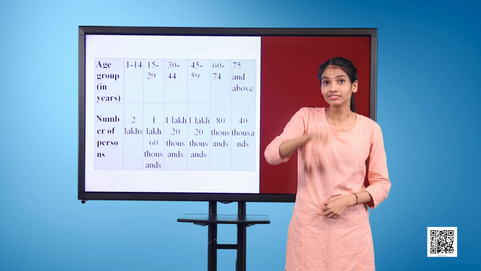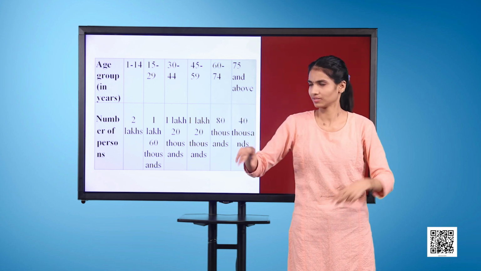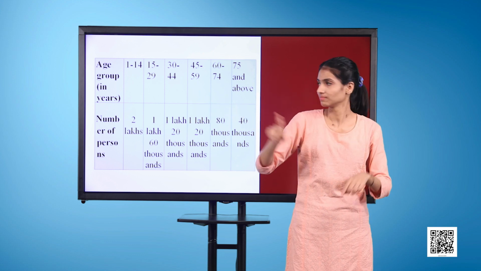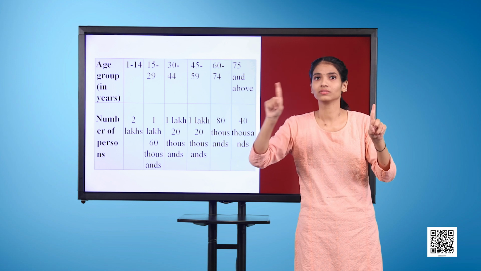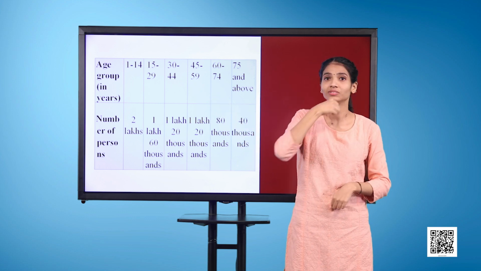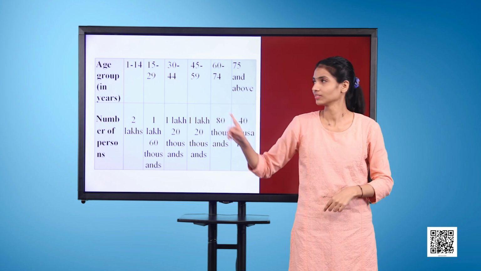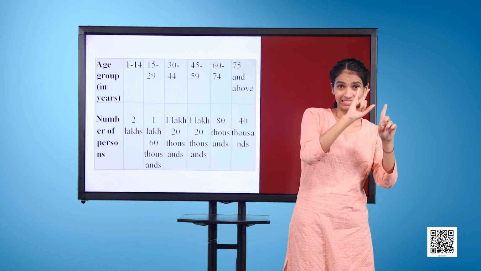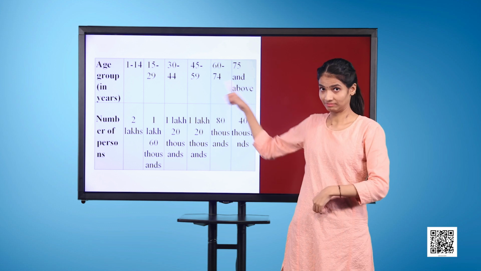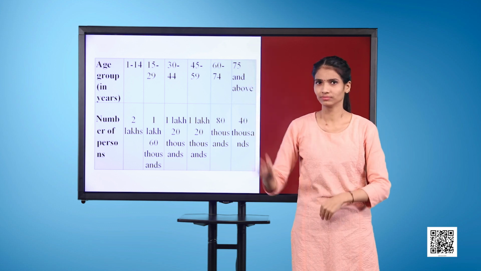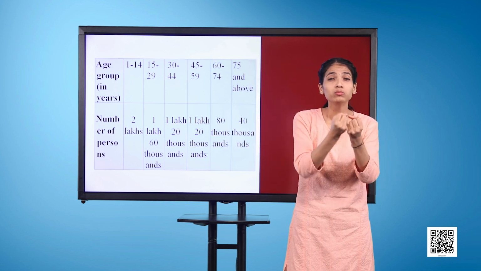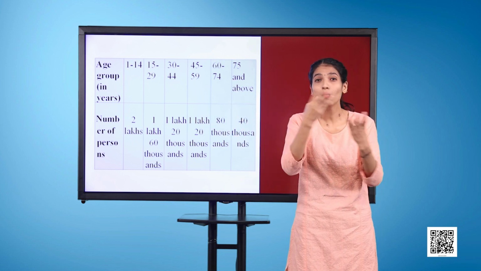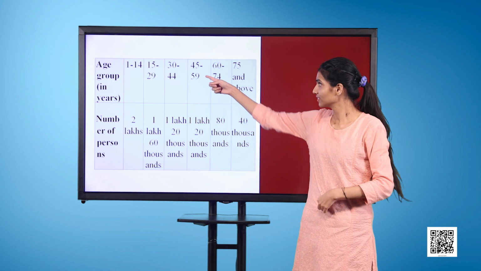Age group in years, number of persons. 1 to 14, 2 lakhs. 15 to 29, 1,60,000. 30 to 44, 1,20,000. 45 to 59, 1,20,000. 60 to 74, 80,000. 75 and above, 40,000.